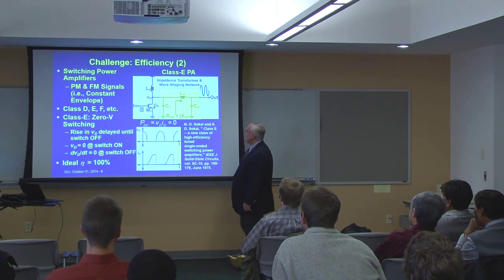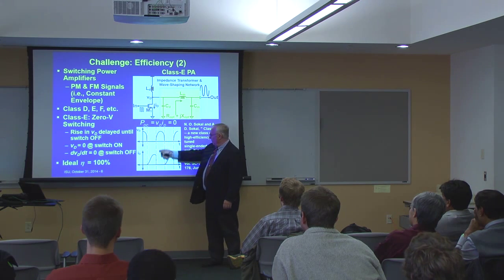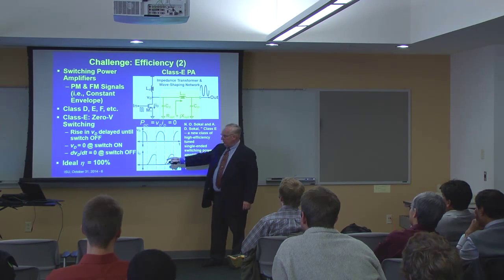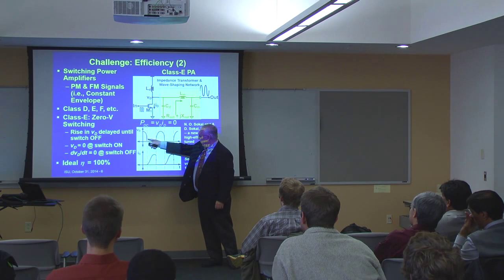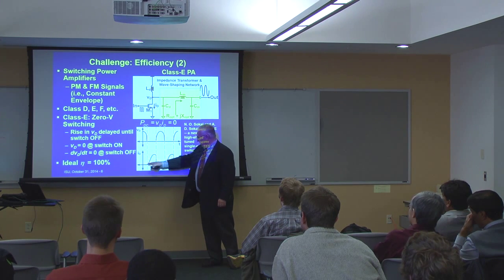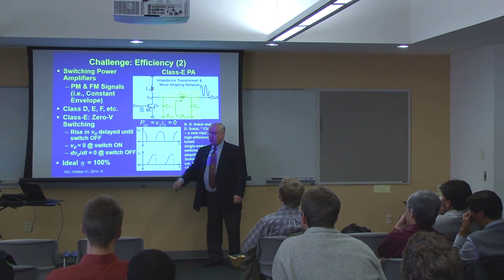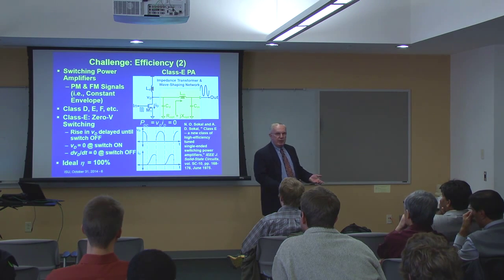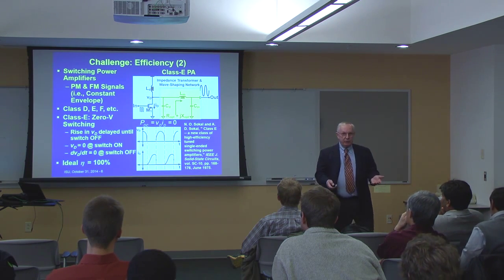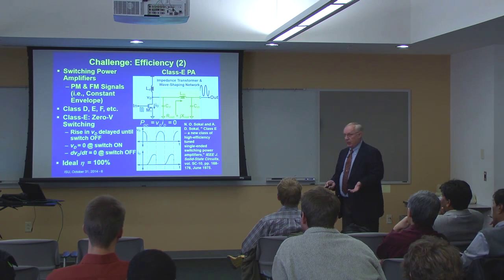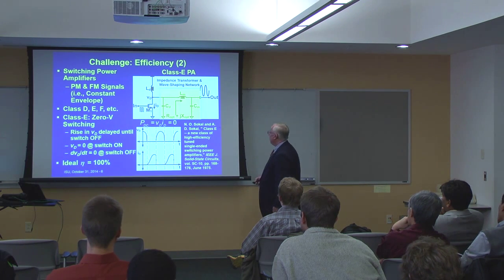So these are great in terms of efficiency. This kind of shows that here you can phase these and set these up in such a way that if you're having a voltage, you have no current. If you have a current, you have no voltage. So you're not dissipating any energy in your switching device, and therefore your efficiency can be 100%. So these are great.